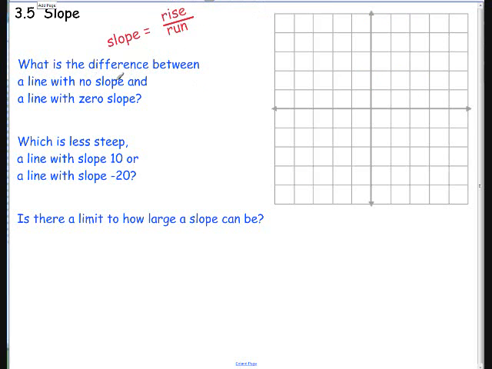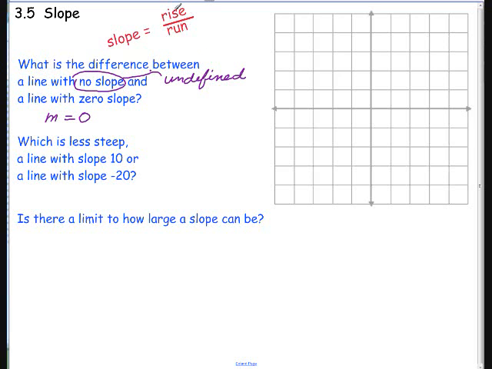Rise over run. What is the difference between a line with no slope and a line with 0 slope? One of the ways we talk about no slope is to say it is undefined. 0 slope means exactly what it says.